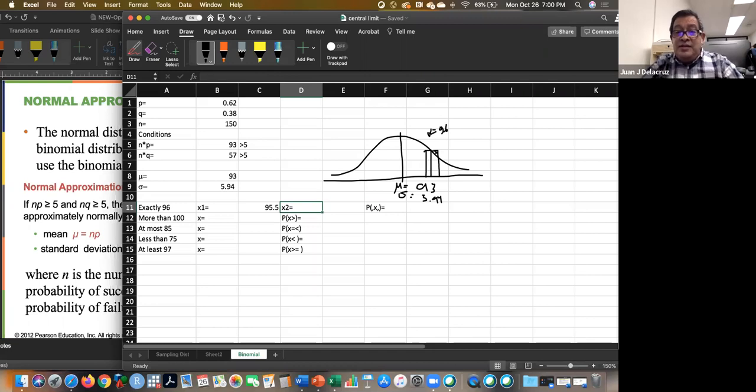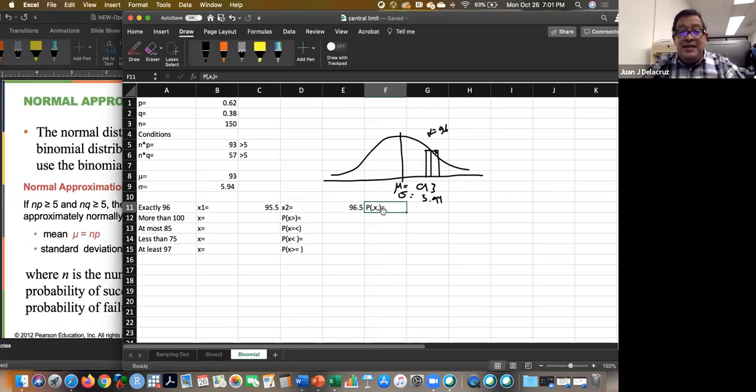In this case, we have to subtract 0.5, add 0.5, and find the area under the curve. That is going to be exactly 96. So for my x2, the second point is going to be 96.5.